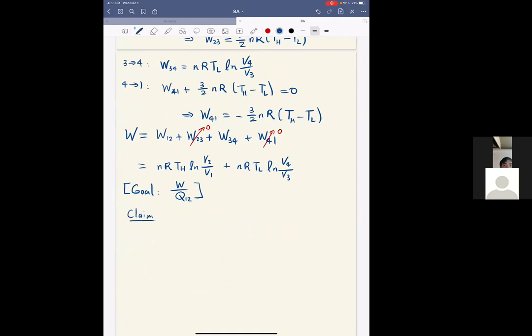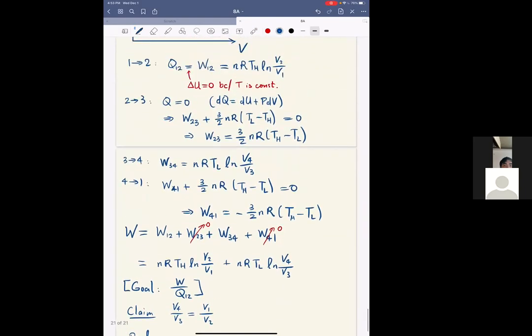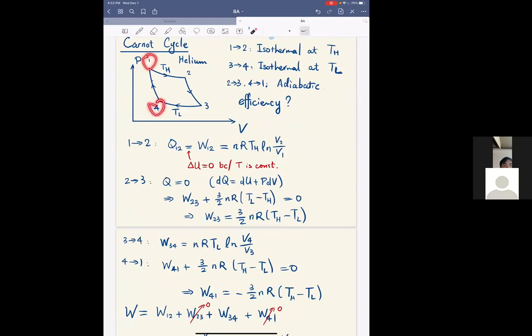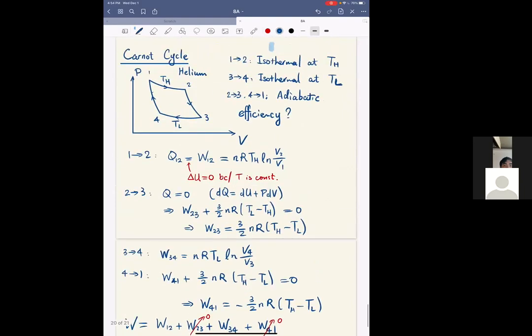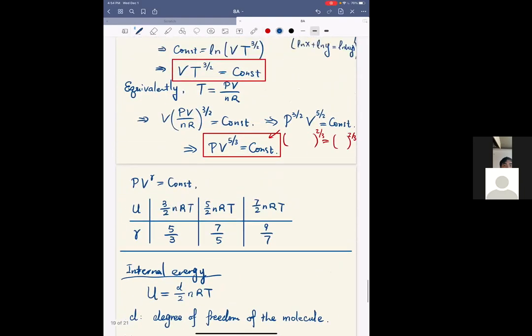So we claim that V4 over V3 equals V1 over V2. Why is that the case? We can relate V1 and V4 by this adiabatic process. By the formula we got from the adiabatic process, we're using this one.